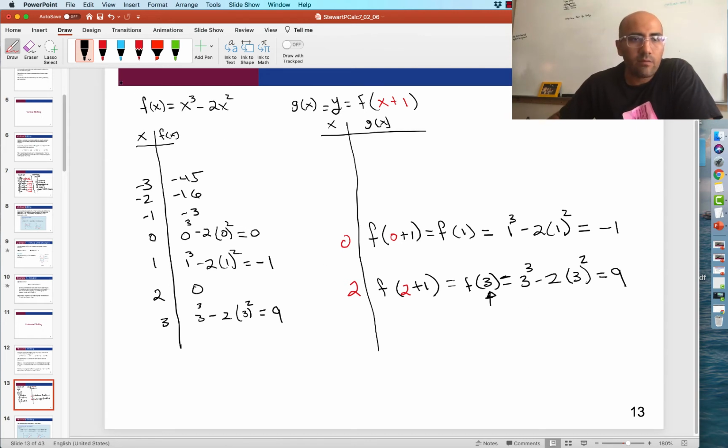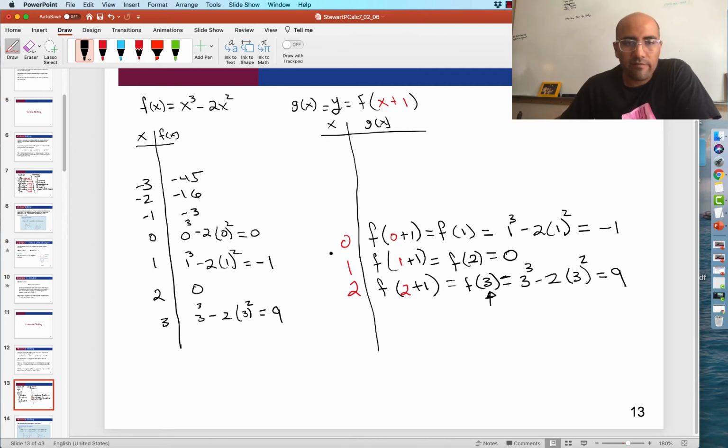And when I type in different values, so let's say I try putting in a 1 here, I know that this is going to be f of 1 plus 1, so f of 2. Again, I can plug it into my equation, or I can go over to my table and see that the answer is going to be 0.